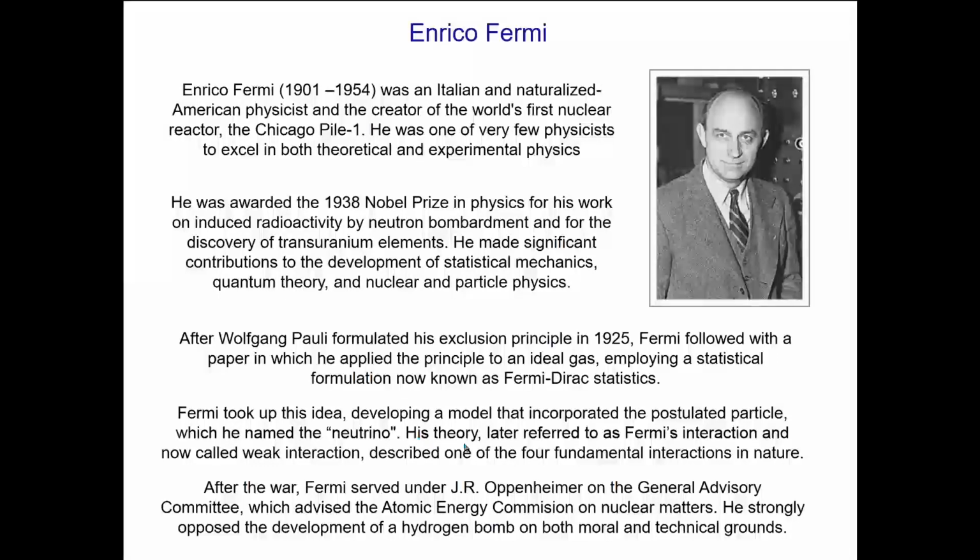And his theory, later referred to as Fermi interaction and now called weak interaction, describes one of the four fundamental interactions in nature. After the war, he served under Oppenheimer on the General Advisory Committee on nuclear matters, and later on he strongly opposed the development of the hydrogen bomb on both moral and technical grounds. Okay, he was quite a famous figure.